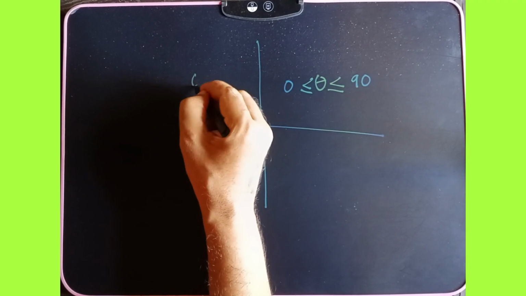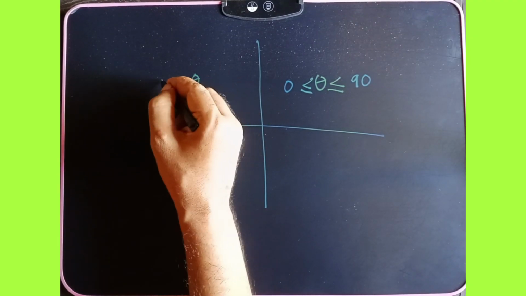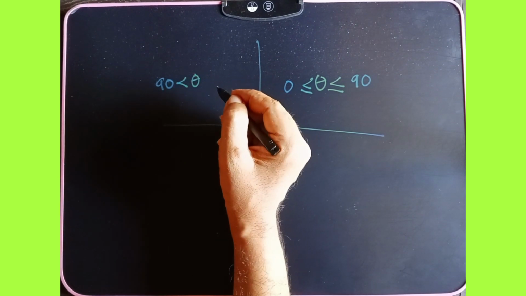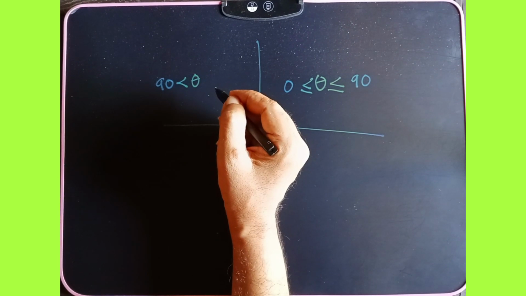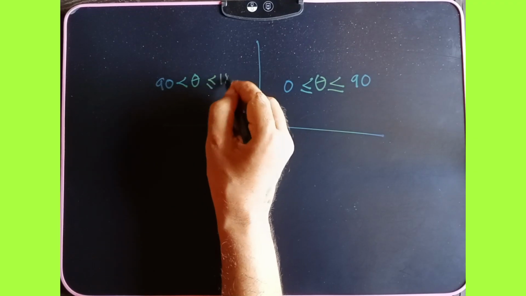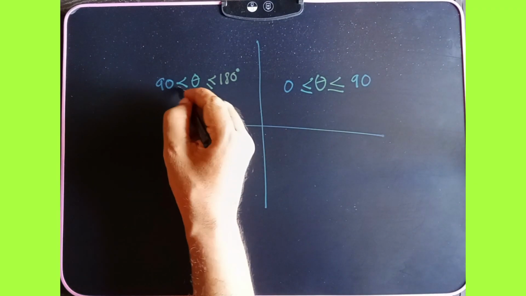And here theta is greater than 90 degrees, but it is less than or equal to 180 degrees, right? Equal to here as well.